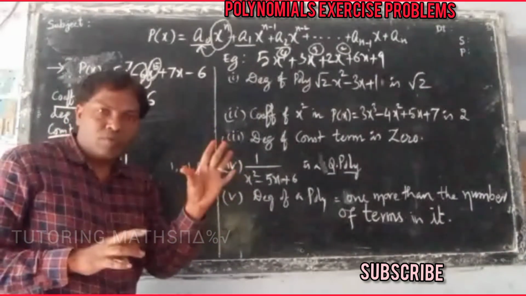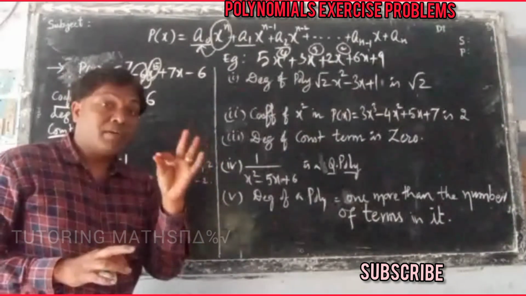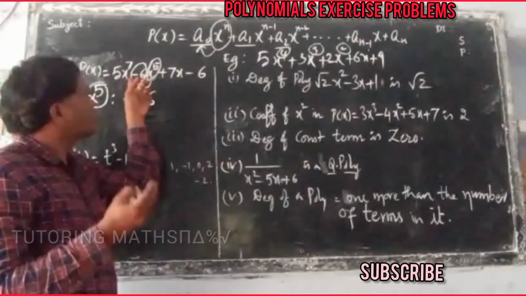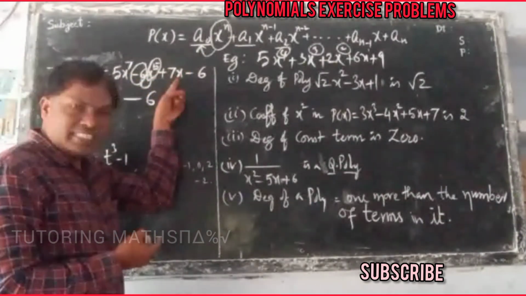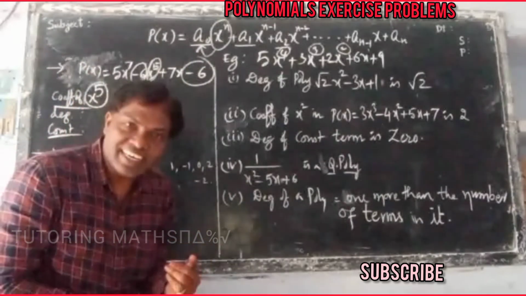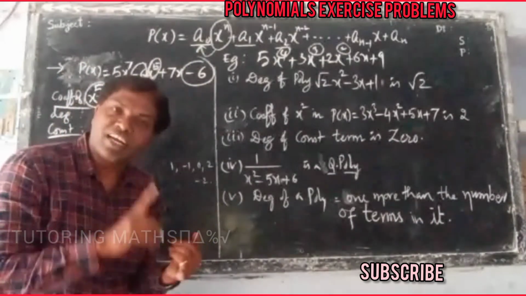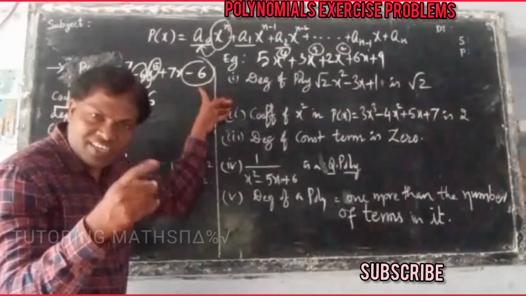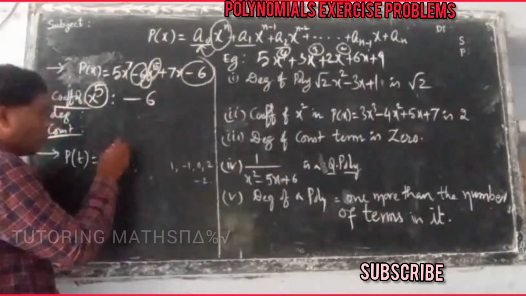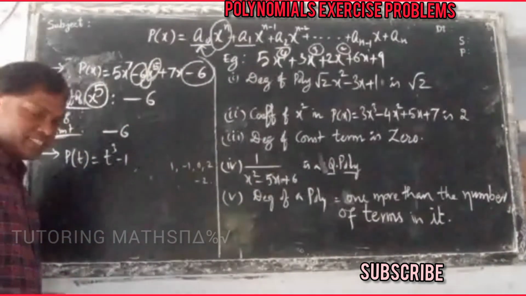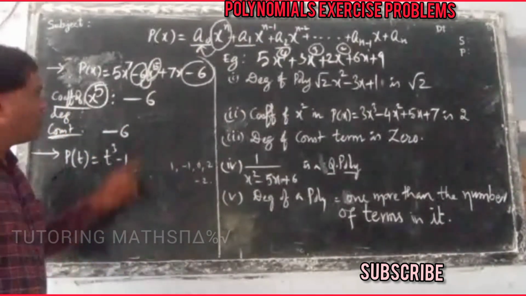It should be the number itself. Here x is there, and in the last term only the number is there. Only the counting numbers are called constants. Therefore, minus 6 is the constant. So that is the one problem.